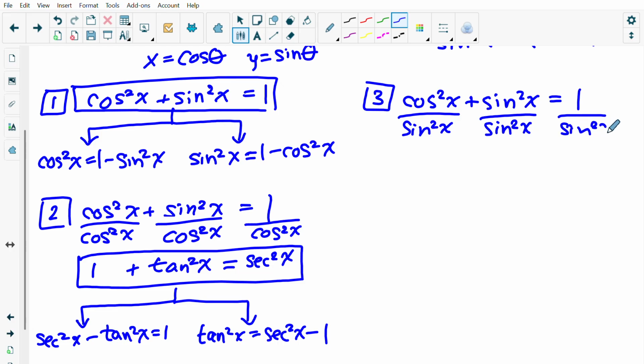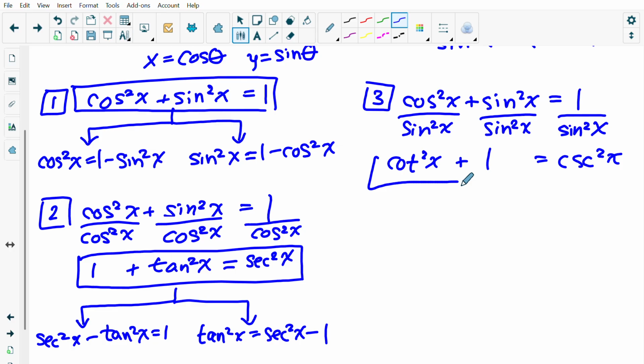That's going to get us our other Pythagorean identity, our third one. This is cotangent squared of x, this is 1, and that is cosecant squared of x. That's our third one.